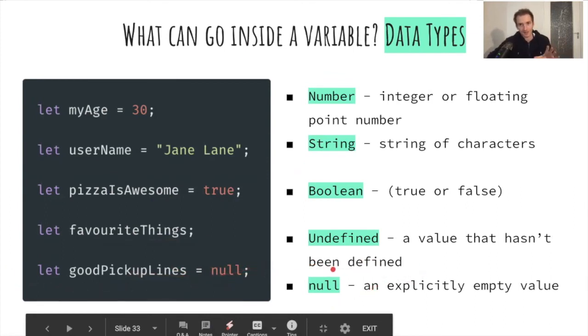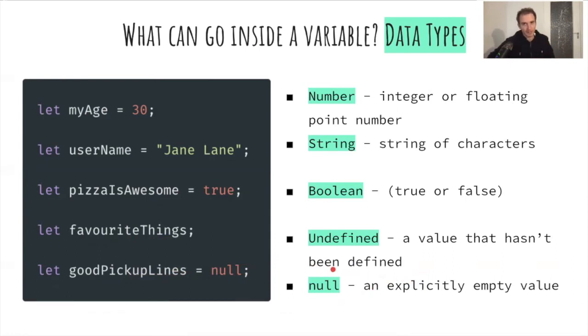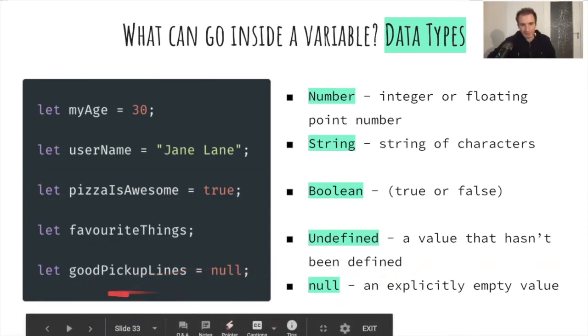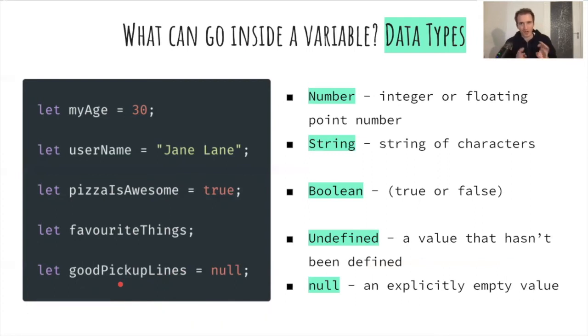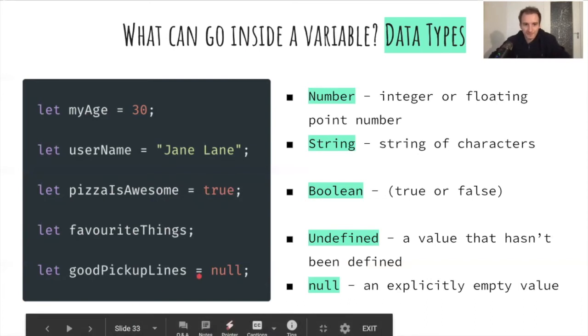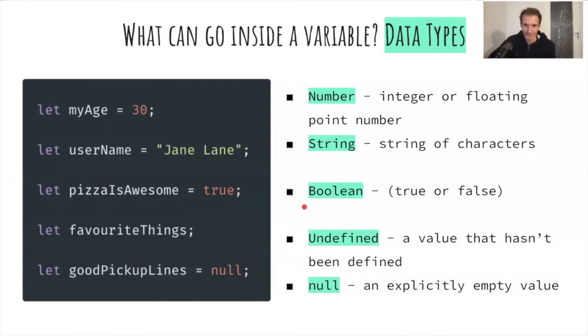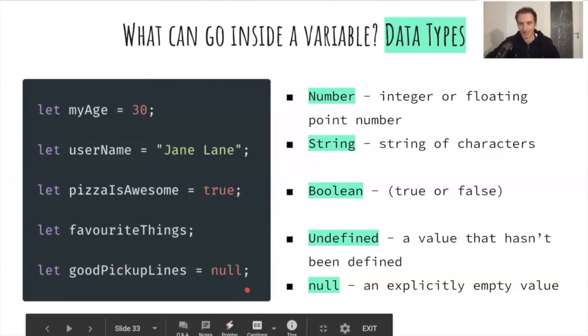Null means that something is explicitly nothing. So for good pickup lines here, we're creating a box called good pickup lines, and it's not undefined because we're actively saying, okay, this wants to be nothing, this wants to be null. That's different from undefined. Undefined just means we haven't yet defined it. Null means this is nothing, this is empty.